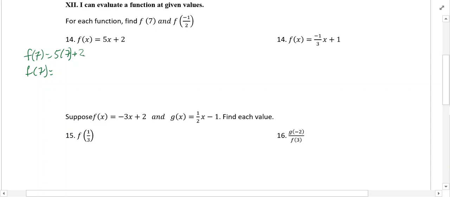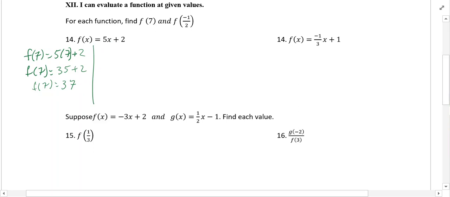So then when I simplify here, I'm going to get 35 plus 2. So I get f of 7 equals 37. So remember, it's just saying f is a function of x. So when you plug in 7 for x, you'll get out 37. So it'd be your y value, your coordinate.